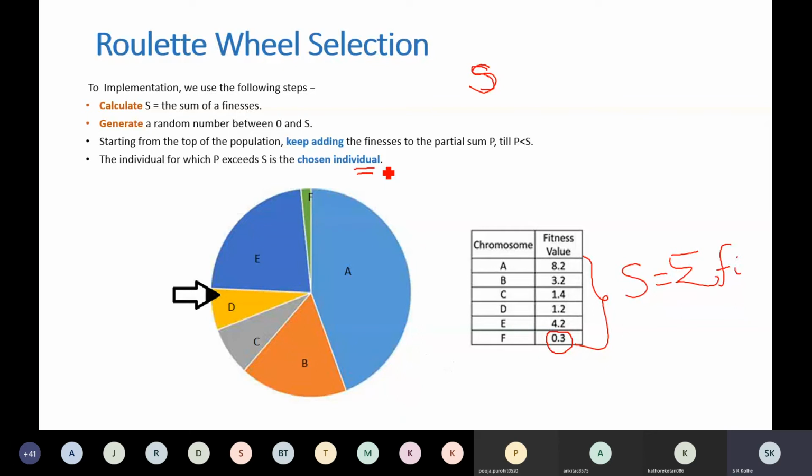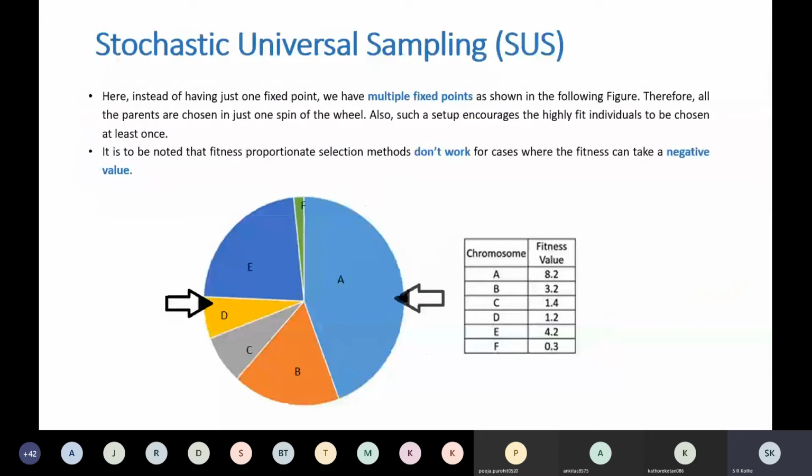That is equivalent to being selected after performing the rotation. Physically you rotate the wheel, but a mathematical representation is required, and you can do that with these steps. These are the equivalent steps you will implement in the algorithm.